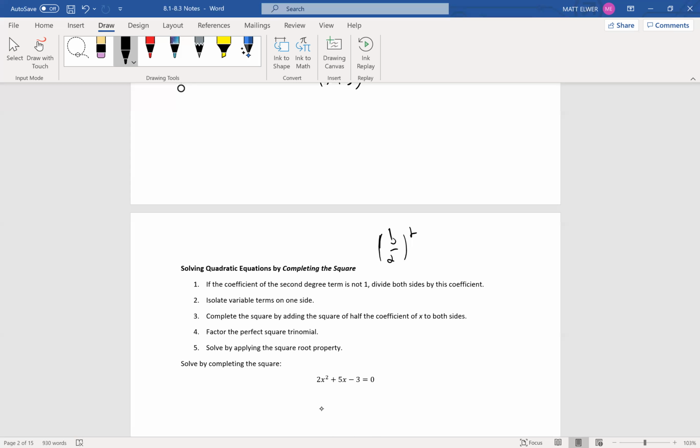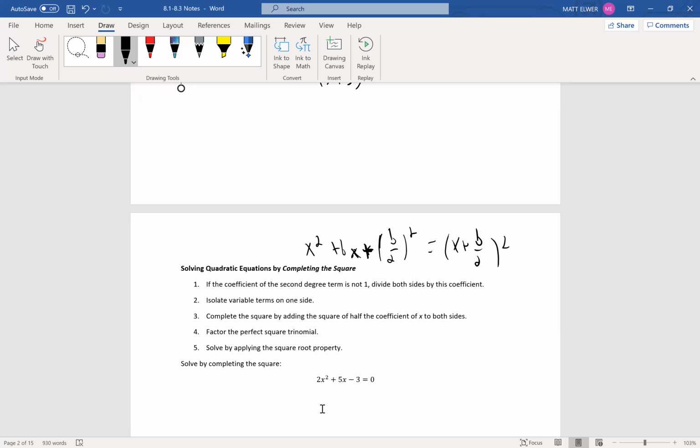When we have something like x squared plus bx, we need to be able to factor it into x plus b over 2 quantity squared. So we just need that on one side.